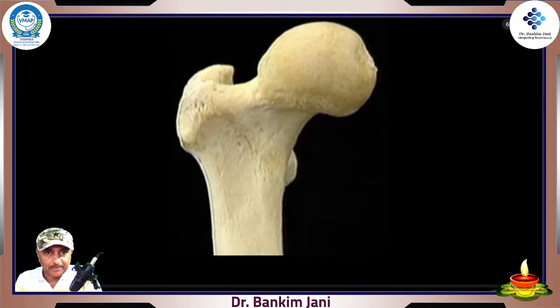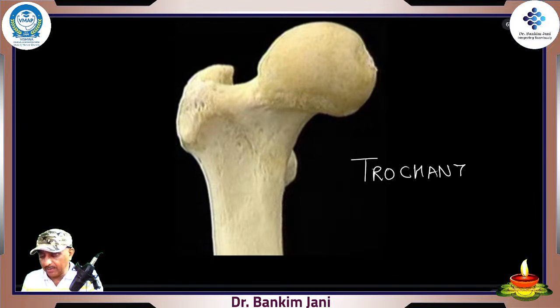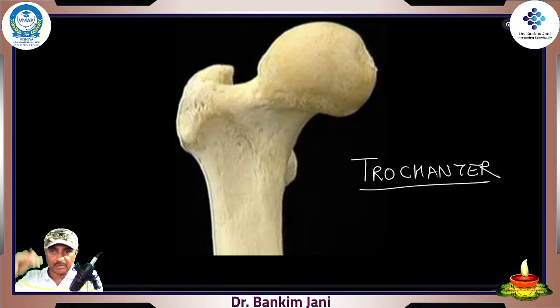Now you remember, in the case of the humerus, there was a greater tuberosity and a lesser tuberosity. Over here, it is still bigger, so we'll call it the trochanter. The new word is coming up. Because the bone is big, the trochanter is like a mountain.